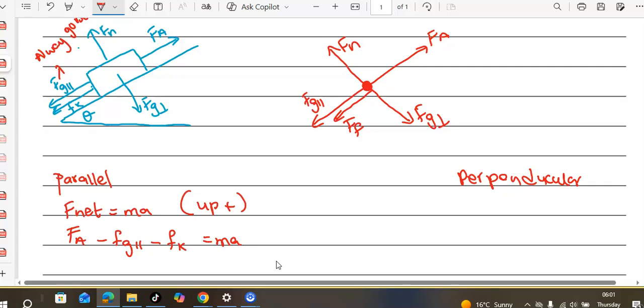Right. Okay. Then for the perpendicular, remember, we're going to say F net is equal to 0, and we take up as positive. So the perpendicular will remain whatever we got on the other side.